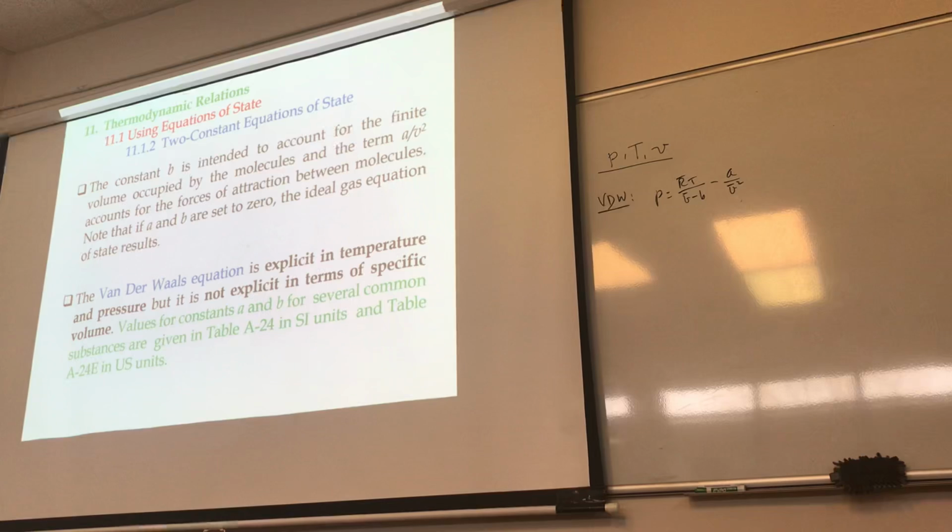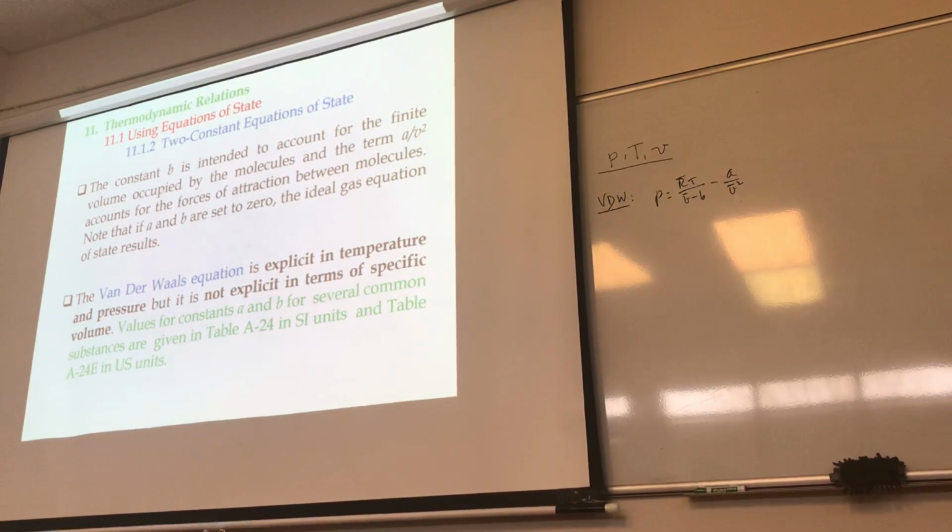And then the constants A and B, we have Table 8-24 that's going to tell us what those are. We just need to look at it one time, that way we know that it exists. Table 8-24 is on page 859.